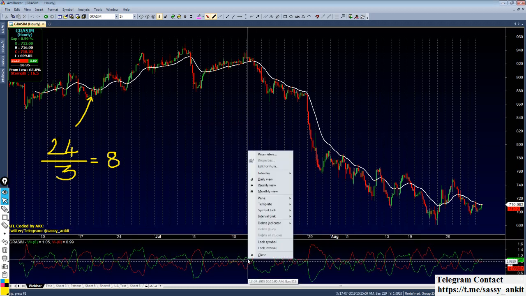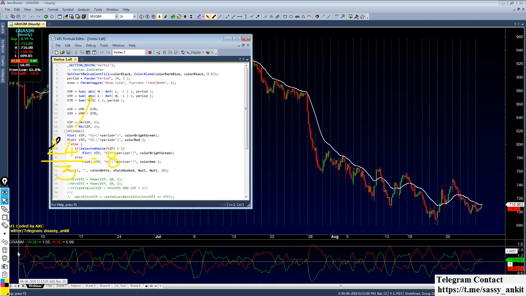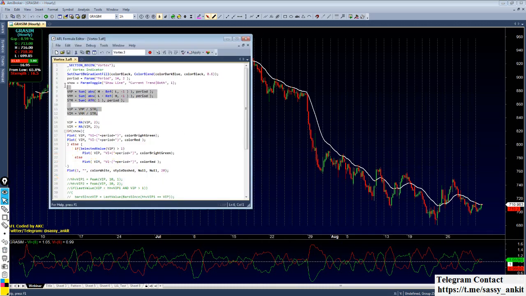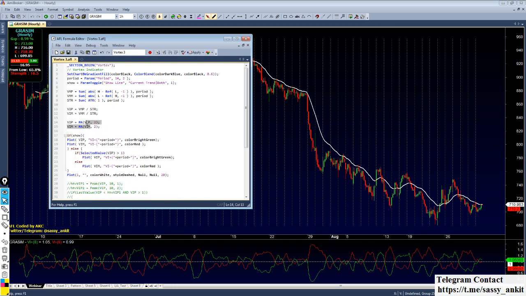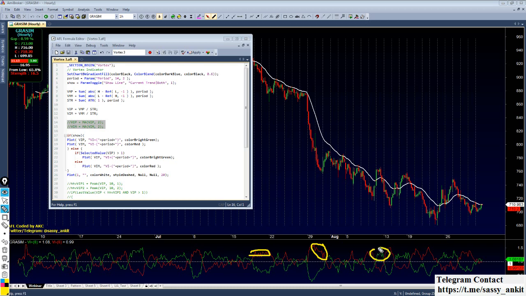Also notice one thing here, this is my calculation, okay, but if I comment this out, you will see this kind of Vortex. The Vortex is actually a very choppy indicator. As you can see, it moves a lot based on this.